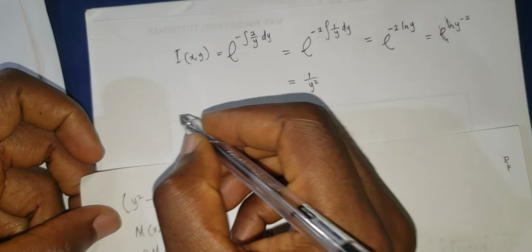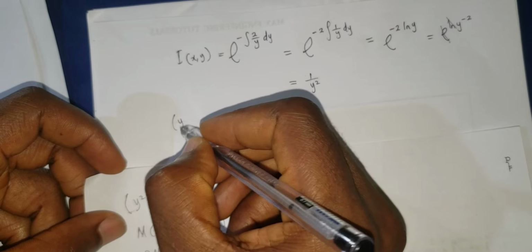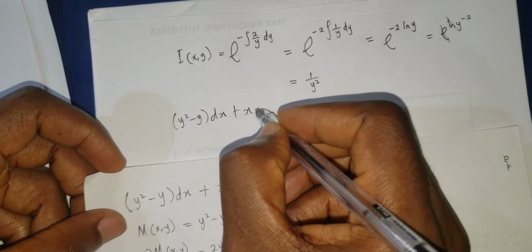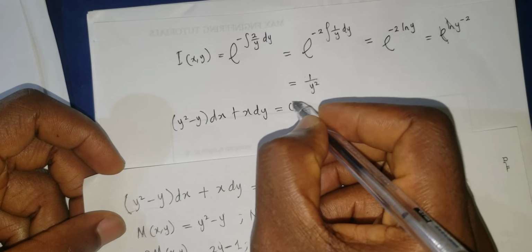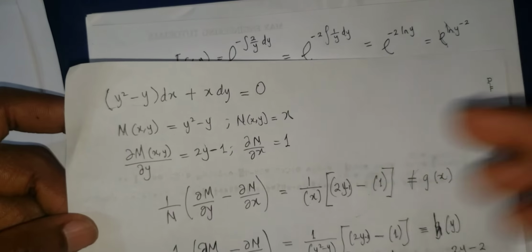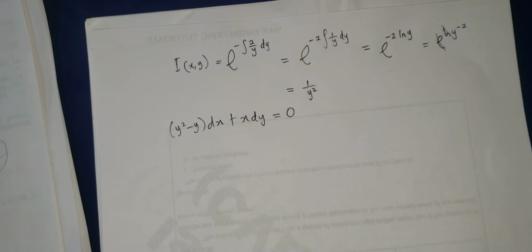So we have here y squared minus y dx plus x dy equal to 0. So we now have to multiply it by this integrating factor and see what that gives us. Of course, we know this is not exact. Let's see if the resulting equation will be exact.